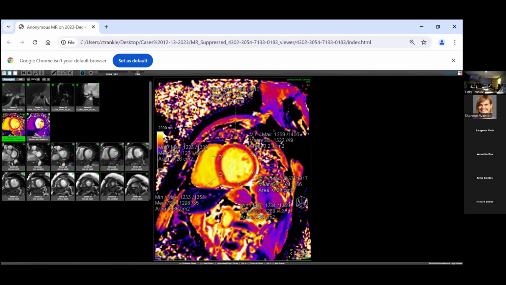What's normal at 3 T? 1150, 1200. Suppose at 3 T, it's 700. That tells you that there's some extra fat in there. Okay? So T1 up and down, it's kind of a non-specific thing.